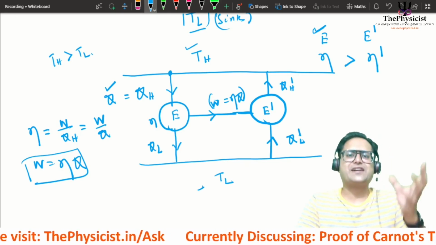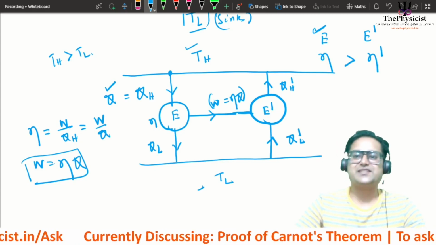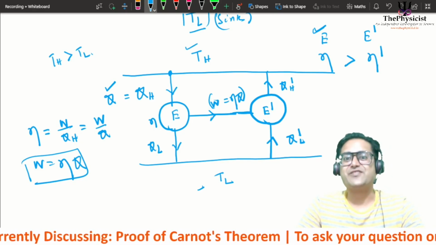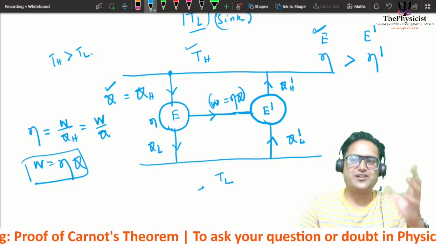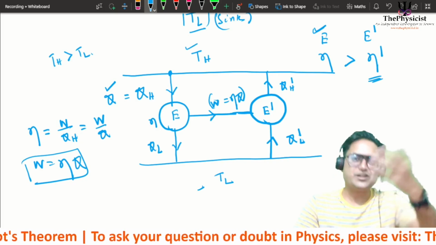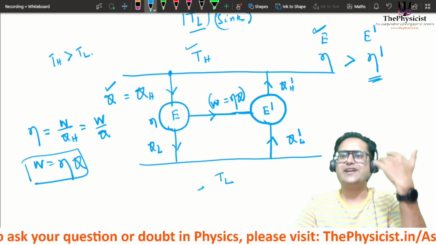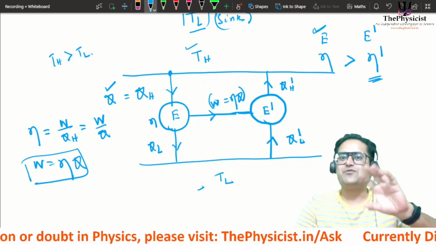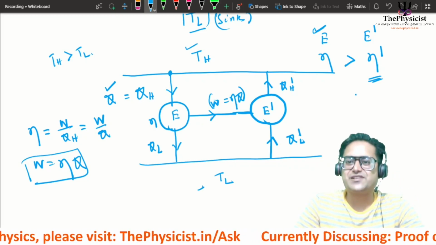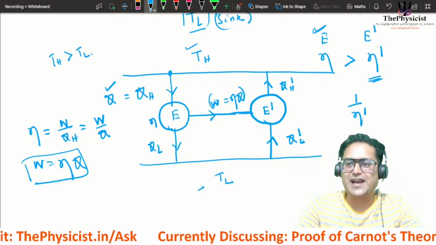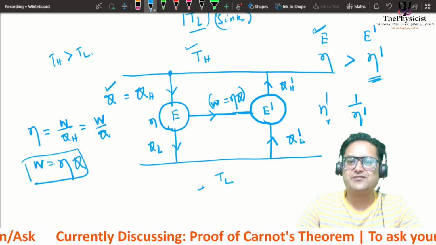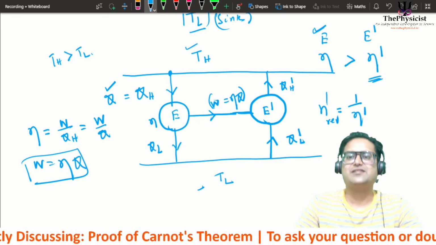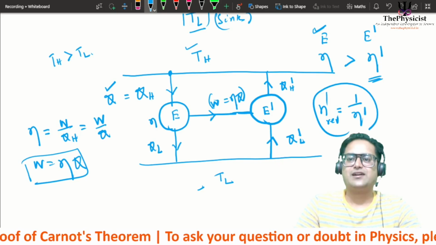It will just be acting in reverse. So in this case, what will be its efficiency? If it works the way it is supposed to in normal mode, eta dash is its efficiency. If it works in reverse, its efficiency is going to be 1 by eta dash, which is eta dash in reverse. Okay.